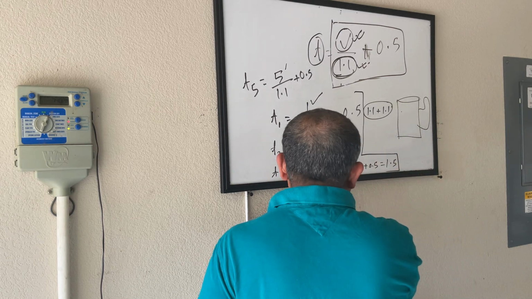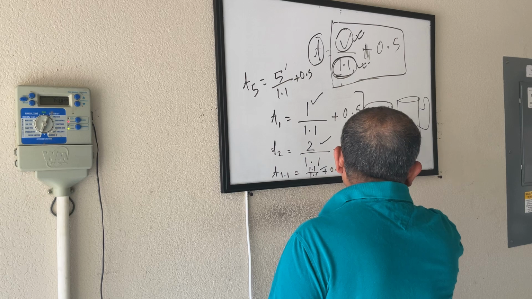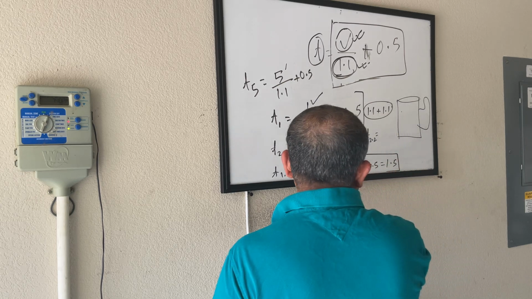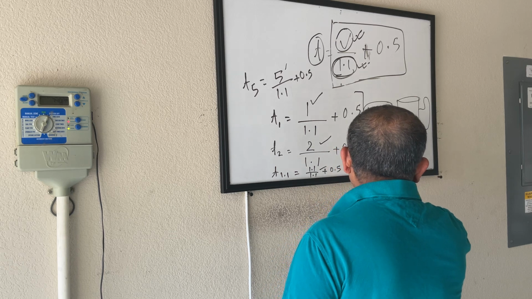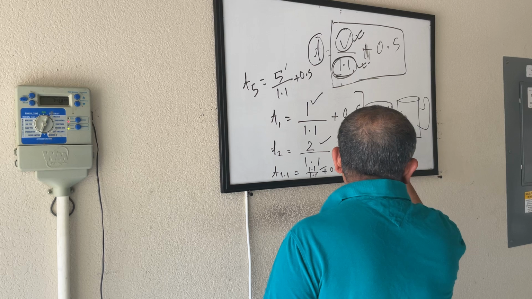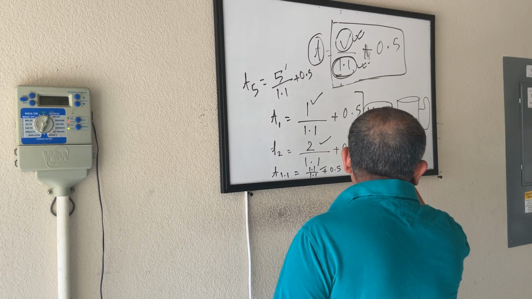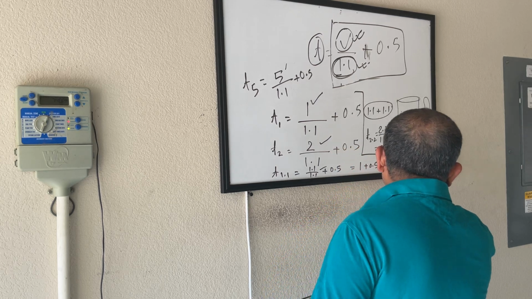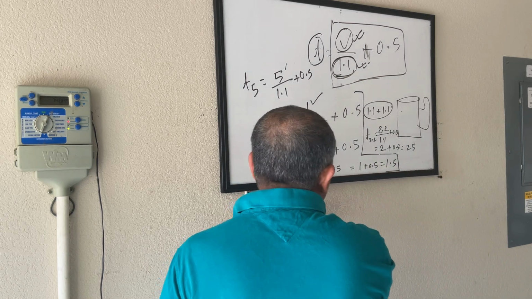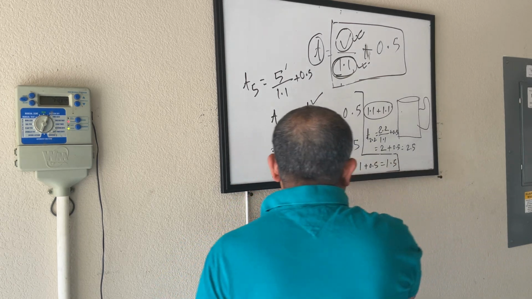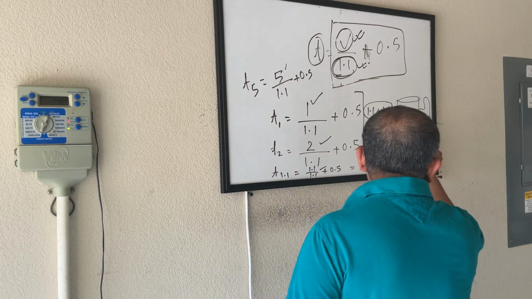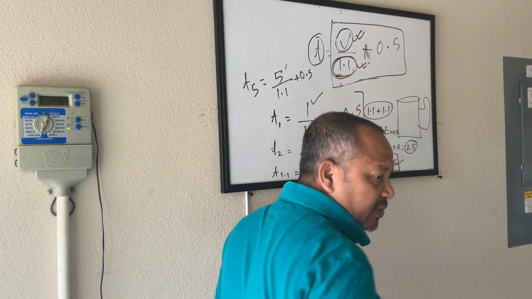If I go to 2.2, what does happen? 2.2 cups will take how much time? My volume becomes 2.2 by 1.1 plus 0.5. 2.2 by 1.1 becomes 2 plus 0.5. It takes me 2.5 minutes. Oh, when I increase my volume from 1.1 to 2.2, meaning I added additional 1.1 volume, I took 1 minute extra. 1.5 went to 2.5.